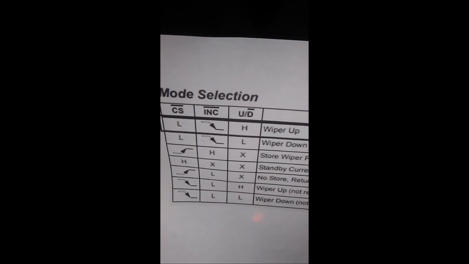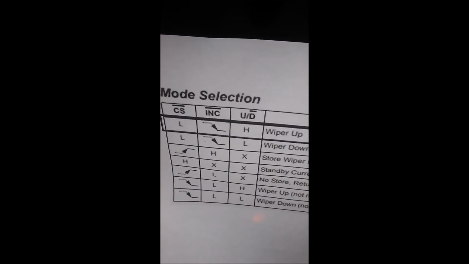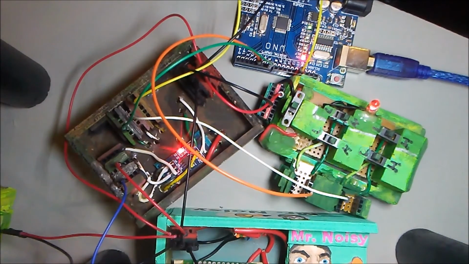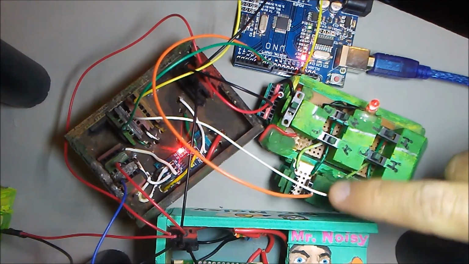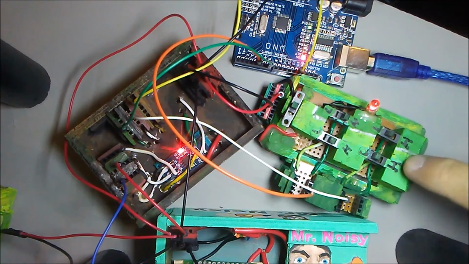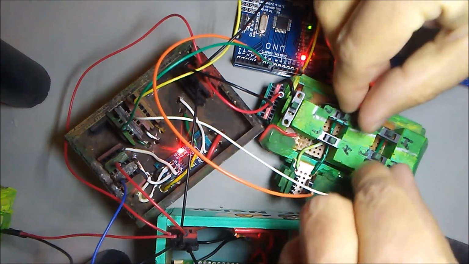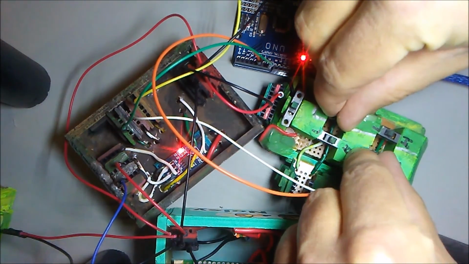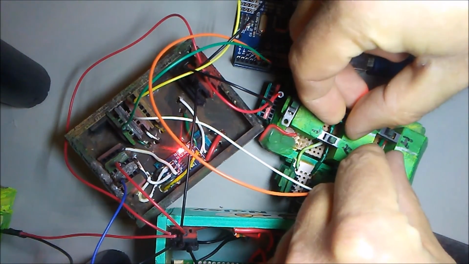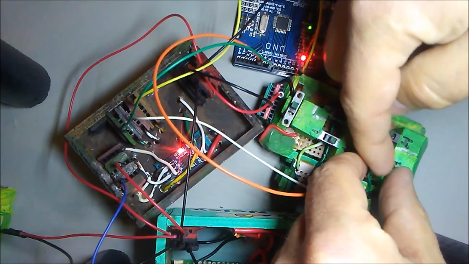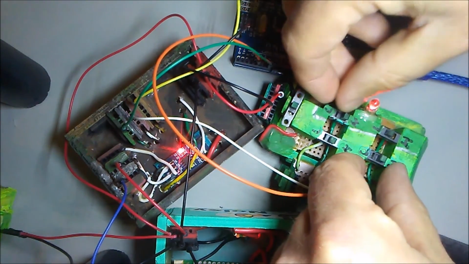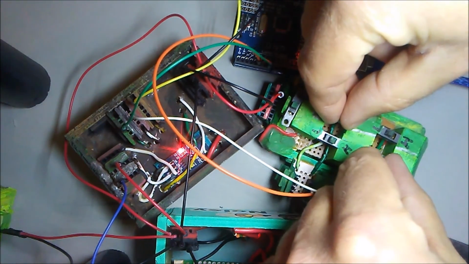You can pause on a tone, and I'll try and show that now here. Yeah, so the CS pin is set up here on this white line. So the CS pin kind of suspends the sweeping up and down.